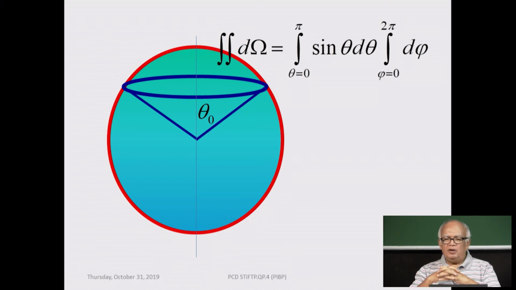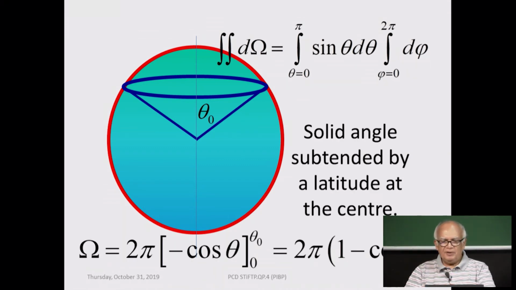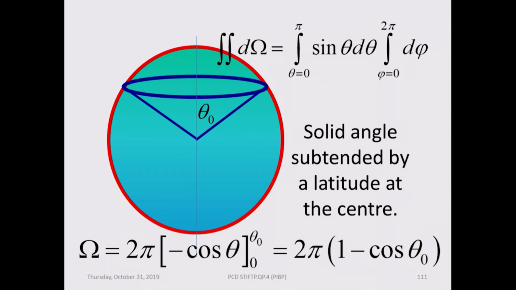It will be the integral over phi and sine theta. So, this will be 2 pi coming from integration over phi, the azimuthal angle phi, right, and then you have the integral of sine theta d theta from 0 to theta 0. So, you see that this turns out to be 2 pi into 1 minus cosine theta 0, right.